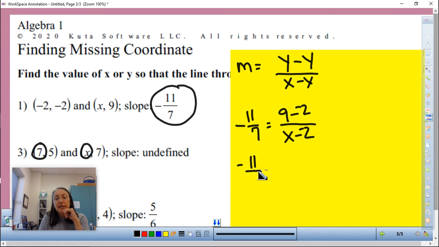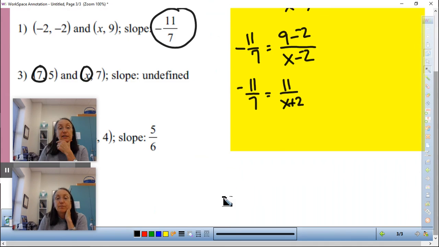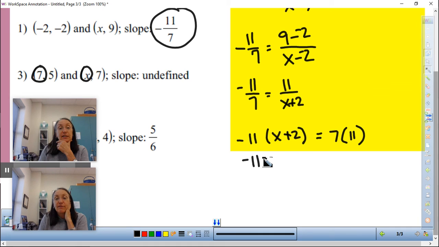Let's simplify. -11 over 7 is equal to, that's 9 plus 2, so that's 11, over x plus 2. So now I'll cross multiply. I'll have negative 11 times (x plus 2) equals 7 times 11. We'll get negative 11x minus 22 equals 77.